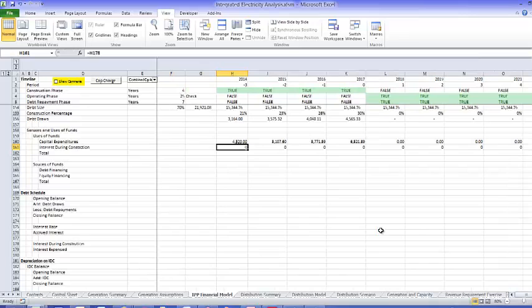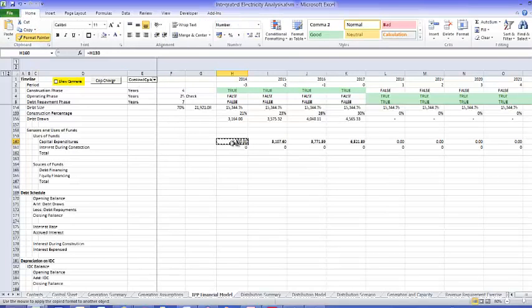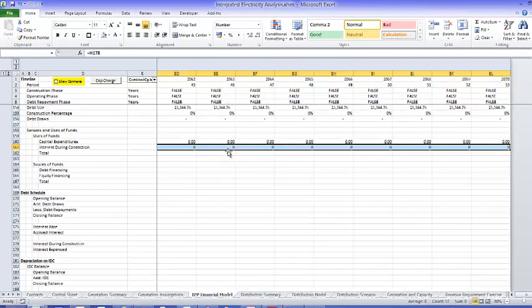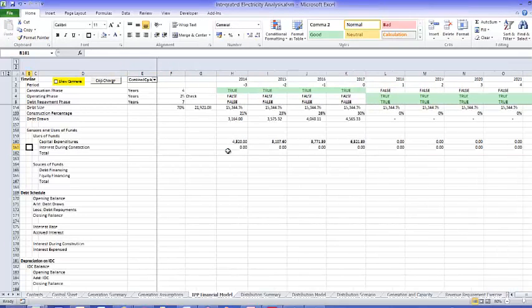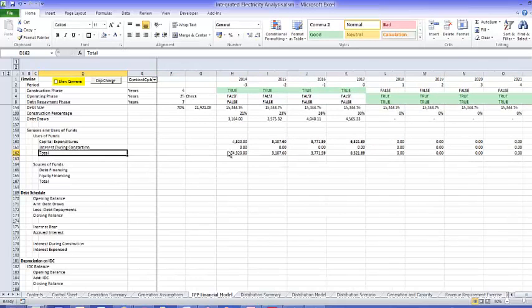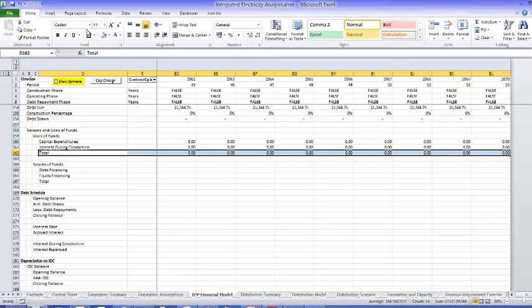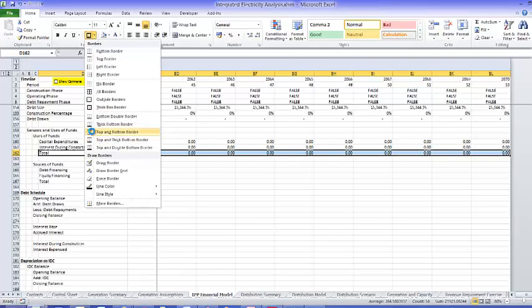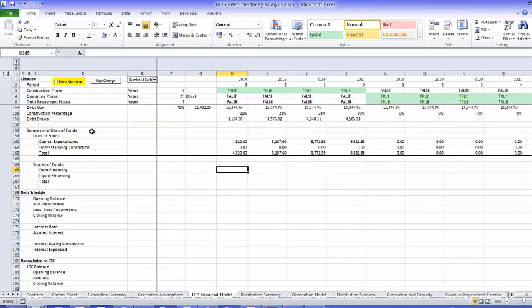The interest during construction is from below, so we can press alternate equal to get our total. I'm putting our little underlines here. And now the debt financing, that's what we got from just above.